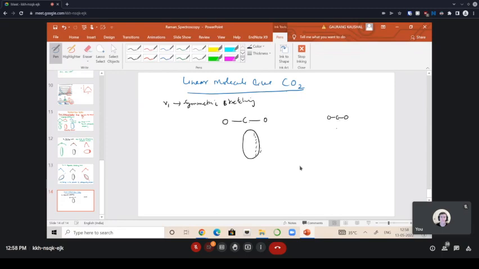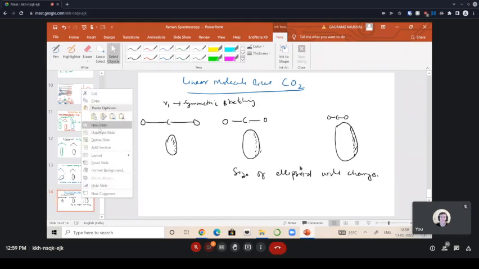What happened? The size will be larger, the shape will be the same. In the third case, we have longer CO bonds, so in that case the size will be smaller. So here again, the size of the ellipsoid will change.